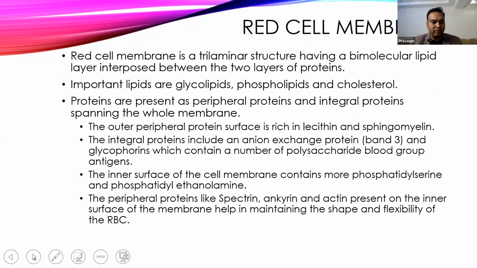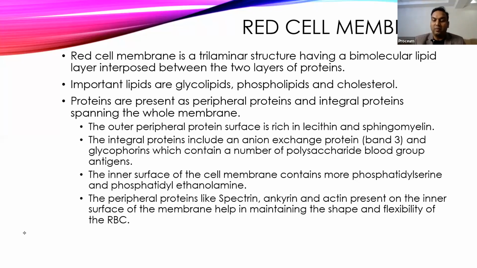Then come to the structure of the red cell membrane. Okay. The red cell membrane is a bilayer structure, which is made of both lipid and protein. It contains lipids like glycolipids, phospholipids, and cholesterol. The proteins include integral proteins, peripheral proteins, and structural proteins. These also contain lecithin or sphingomyelin.